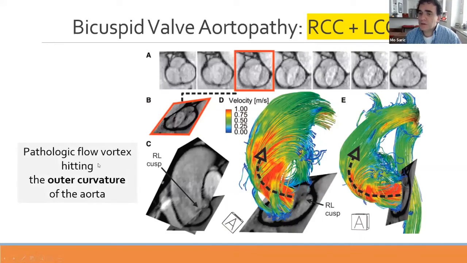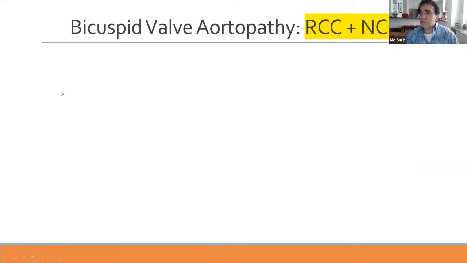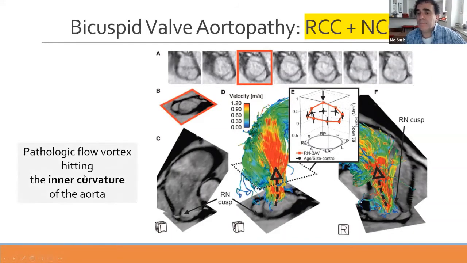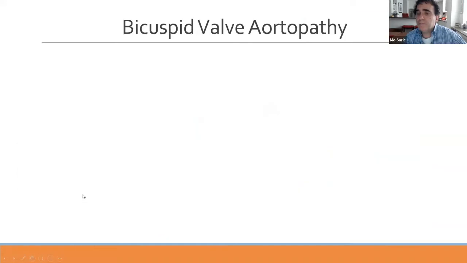So the pathological flow vortex hits the outer curvature of the aorta when we have a right and left coronary fusion. And this is in contrast to when there is a right and non-coronary cusp fusion, where the vortex is directed toward the inner curvature of the ascending aorta.